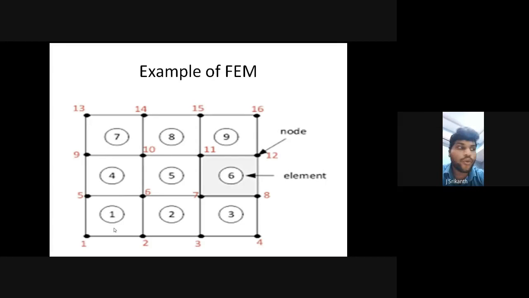To find the brick number 1 values, we need the strain, displacement, stresses, and support reactions. These are the 4 things we find for brick number 1. Brick number 2 values are also the same, because all bricks have equal dimensions.